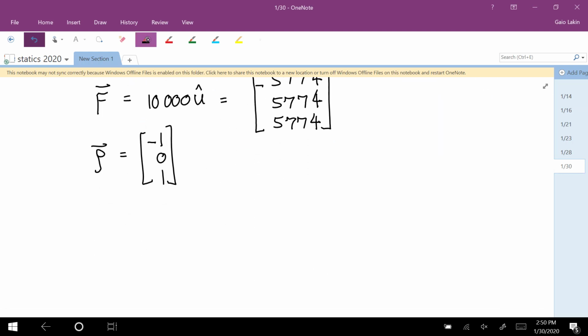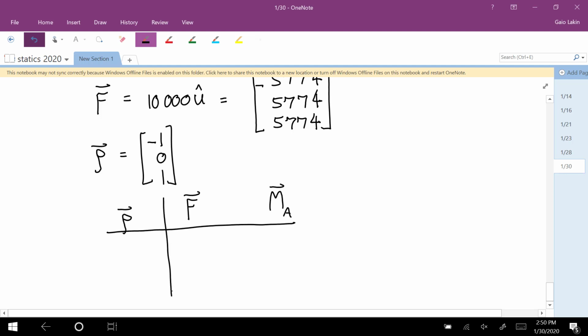And so now I'm going to set up the table, even though there's only one force and one moment here. So row vector, force vector, moment about A. The row vector is -1, 0, 1. The force is -5774, +5774, +5774.